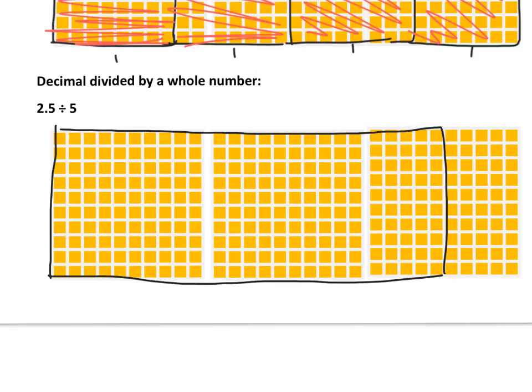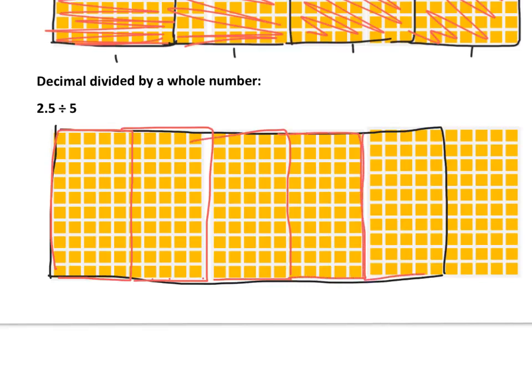So I'm going to count off 5 tenths. So 1, 2, 3, 4, 5. 1, 2, 3, 4, 5. And I realize as I make 5 groups out of the 2 and 5 tenths, I have 1, 2, 3, 4, 5 groups.